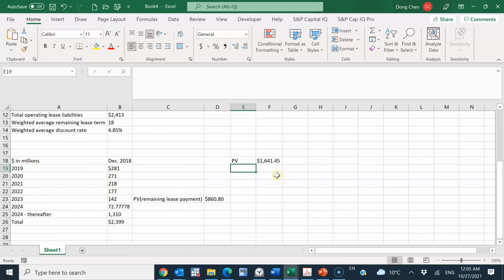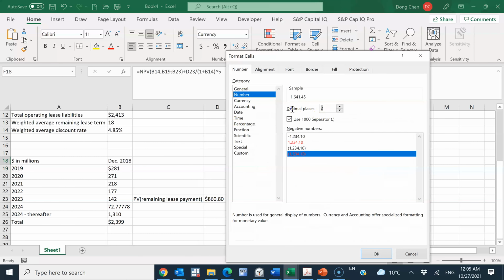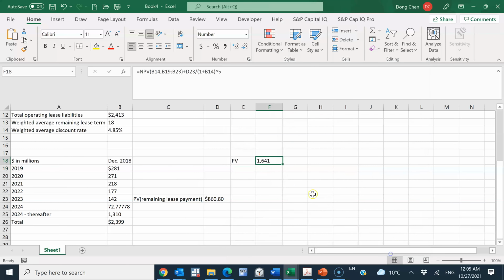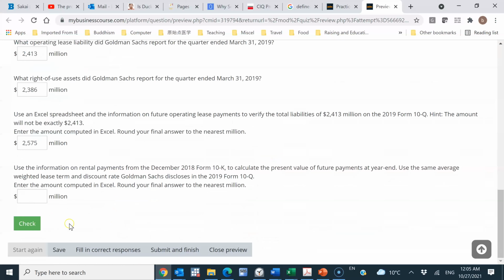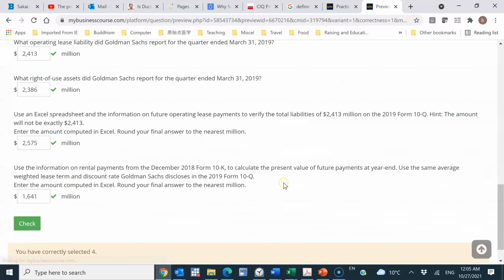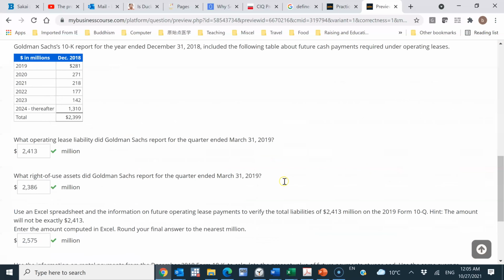So it's going to be 1641, and you can format cell and choose 0 decimal places, and that will give you 1641. Just copy that number back, and now I can check my answer, and all these are correct.